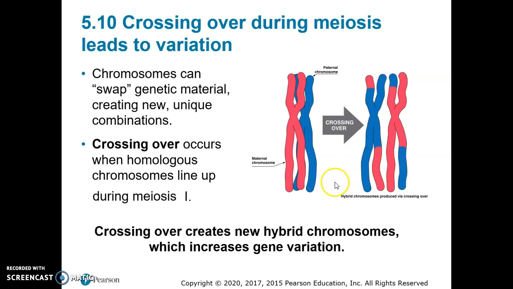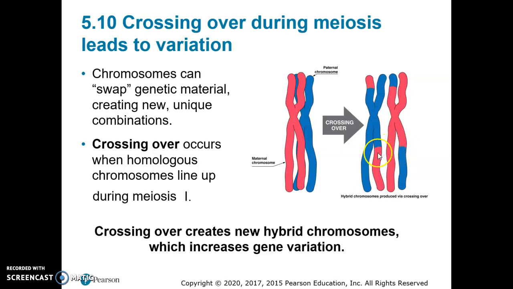So as you can see in this diagram here, chromosome number 1, the red coming from mom, the blue being the dad's chromosome number 1, they form that tetrad, and when that tetrad forms, then the chromosomes can literally break and change positions.